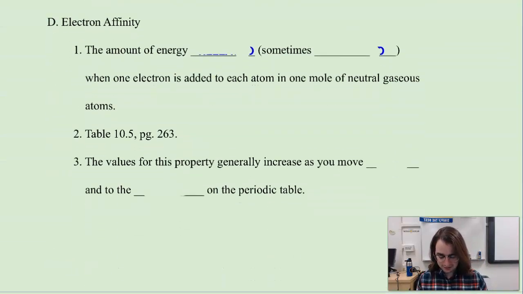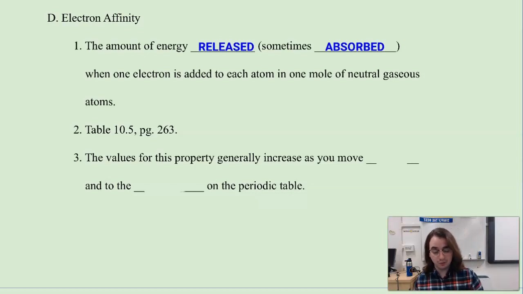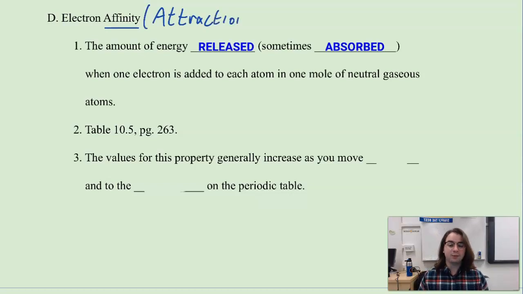Now we have a new idea that we call electron affinity. Electron affinity is the amount of energy released when one electron is added to 1 mole of a gas. But I want you to think of electron affinity in another way as well. I want you to think of it as attraction. Electron affinity is how well something attracts an electron.